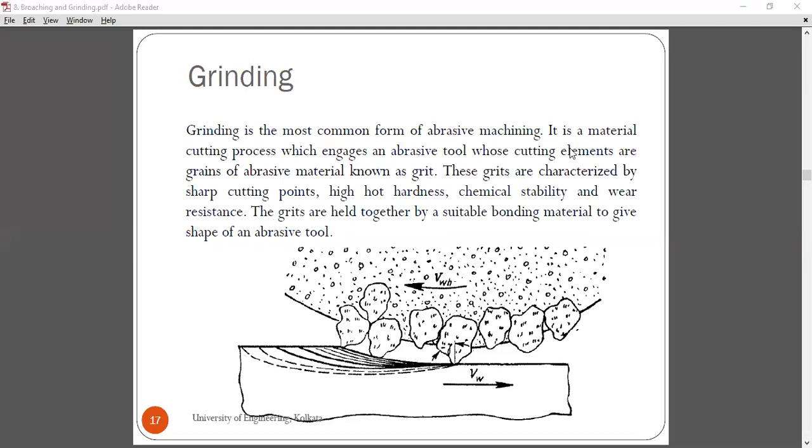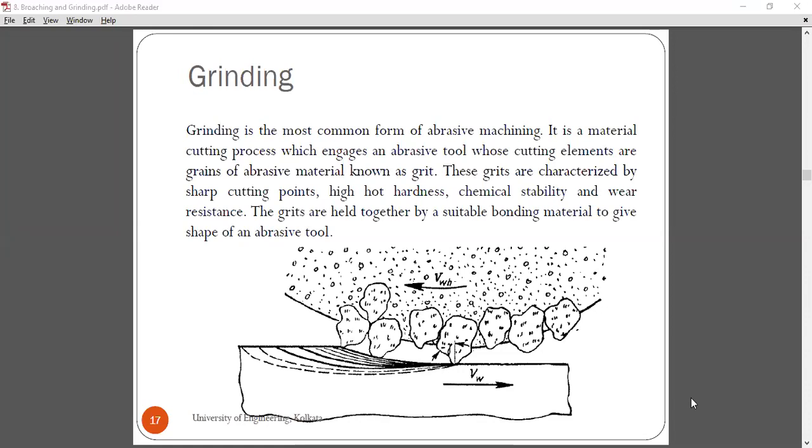Now, in case the periphery of the wheel is not proper, we need to remove some material from the periphery so that we can get a circular cross section. That process is known as the truing process.